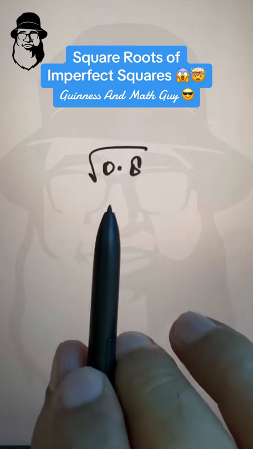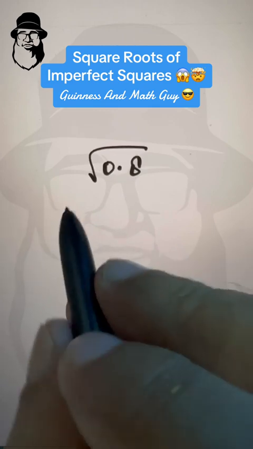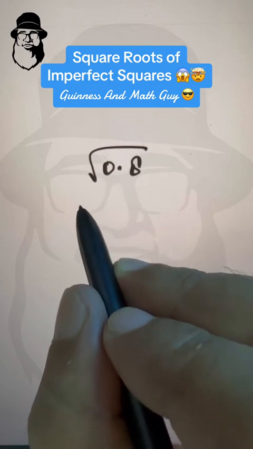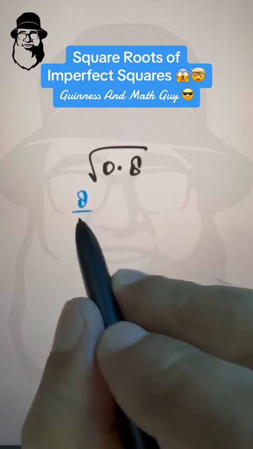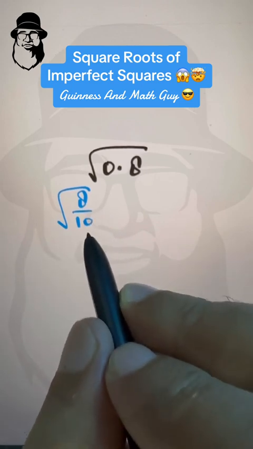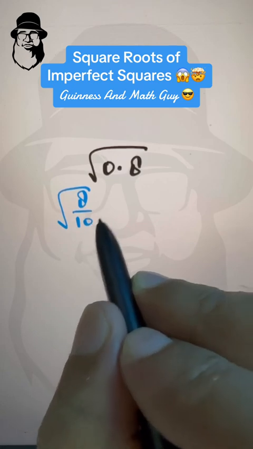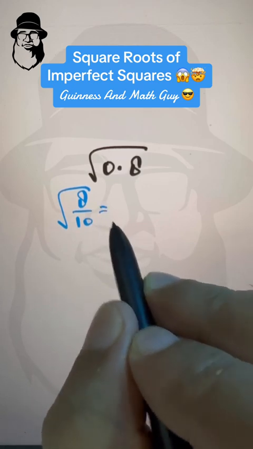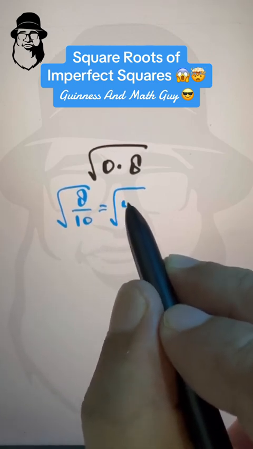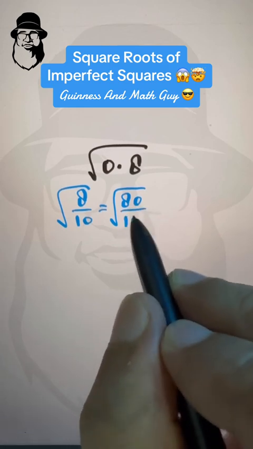So now let's do something with decimals. Don't be afraid. To get rid of this decimal, we can write it as 8 over 10, right? Square root of 8 over 10. Now I want to make this 10 a perfect square. What I can do is multiply the numerator and the denominator both by 10 to get 80 over 100.